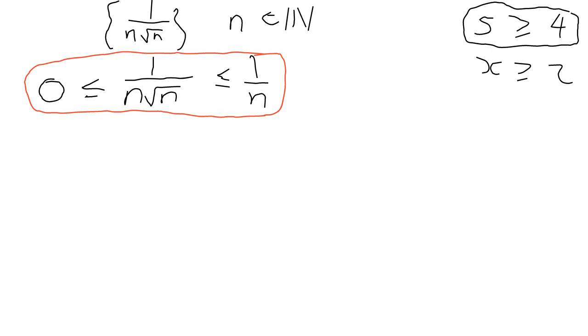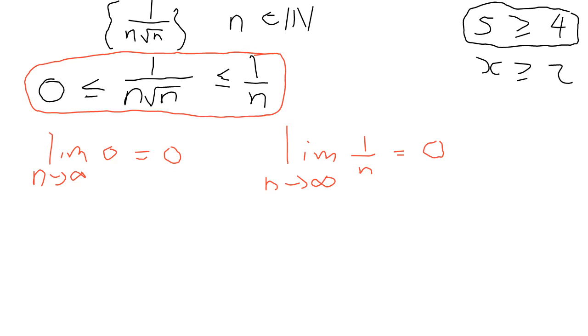Now, since this is true, we can check the limit of the left side and the limit of the right side. What is the limit as n tends to infinity of 0? 0. When you guys paused a while ago, I'm starting to worry. All right, what is the limit as n tends to infinity of 1 over n? That's what we know already. We actually proved it too. 0 as well.